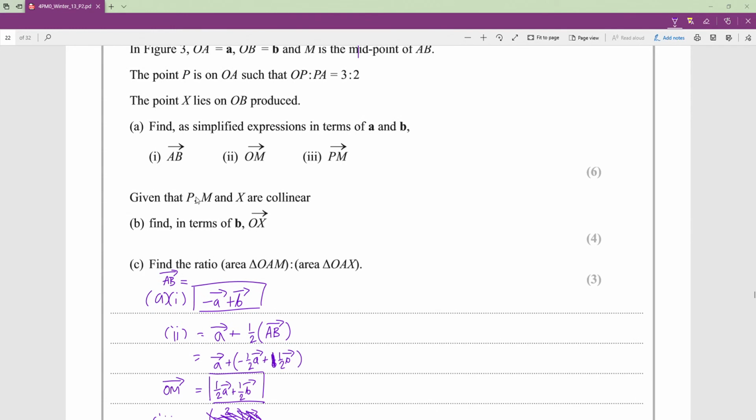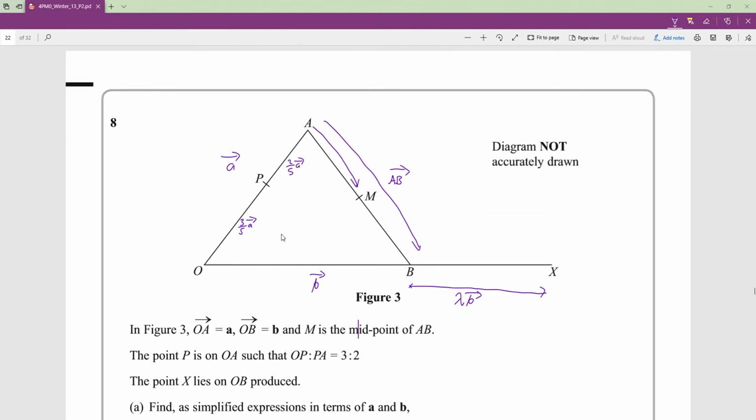Given that P, M, and X are collinear, find OX in terms of B. So if we know that P, M, and X are collinear, that means they're all on one line. That's the meaning of collinear.